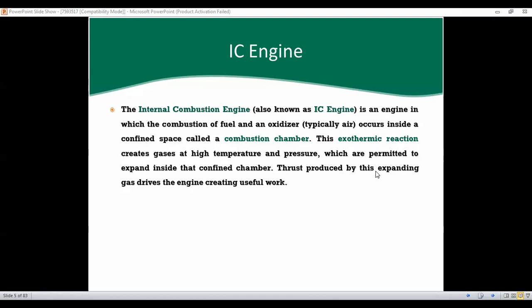Thrust produced by the expanding gas drives the engine to create useful work. Whatever thrust is created after burning of the fuel is utilized as useful work, like rotating the wheels. Sir, what is the meaning of thrust?